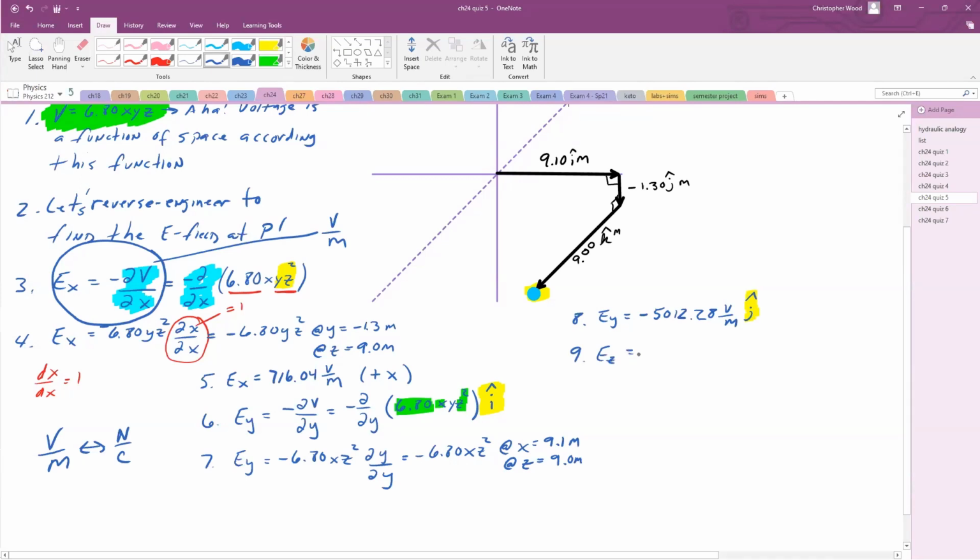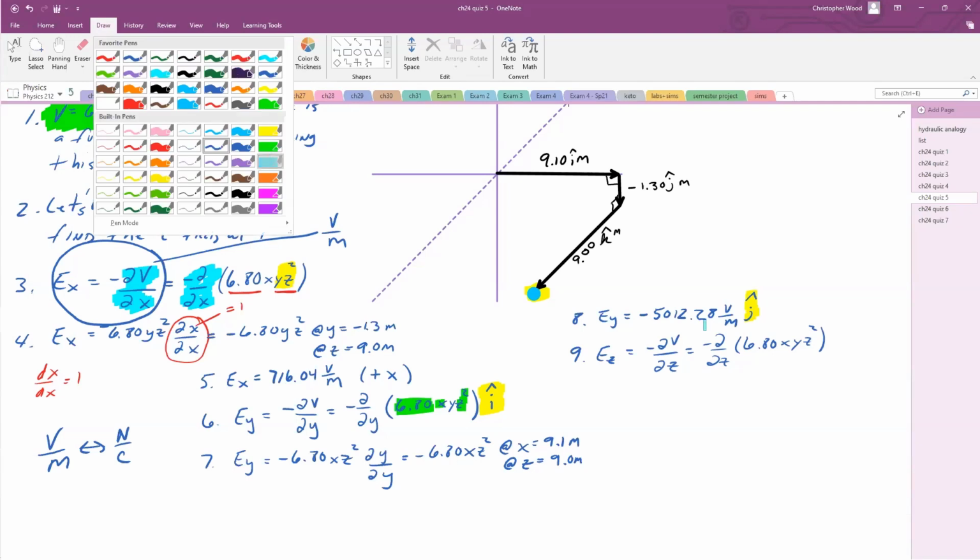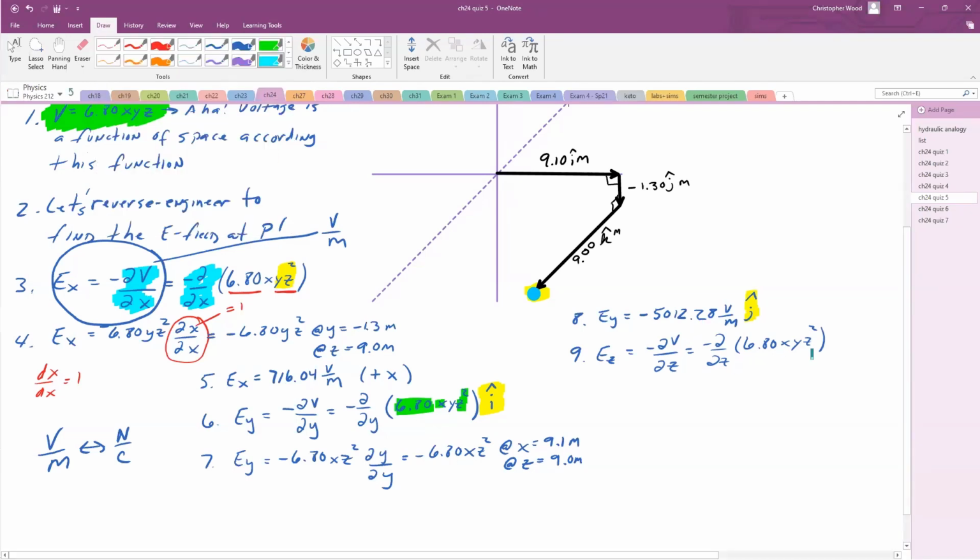Last but not least, EZ. Same conversation. All I need to do is figure out how is my voltage changing as a function of z. So I'm going to do negative partial with respect to z of the same voltage function, 6.80 x y z squared. Partial derivatives means I don't care about anything except for the z dimension. 6.80 is a constant, x is a constant, and y is a constant.